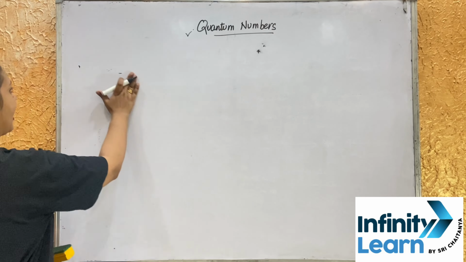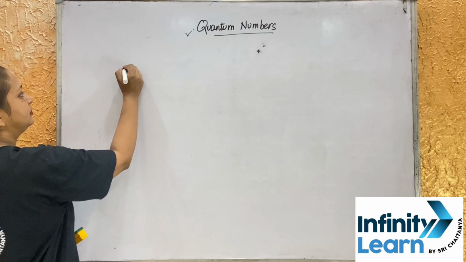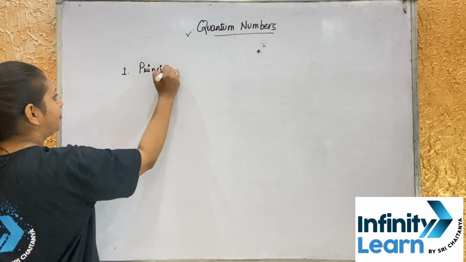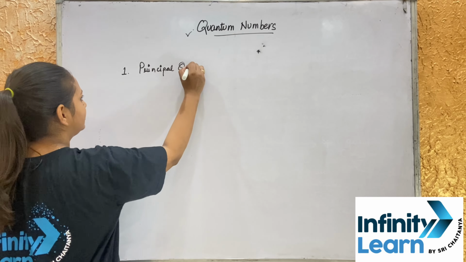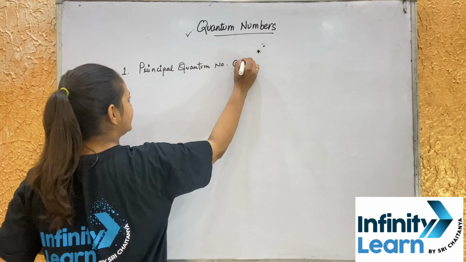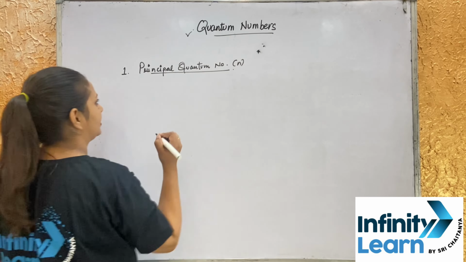At first we have the principal quantum number, that is denoted with n.